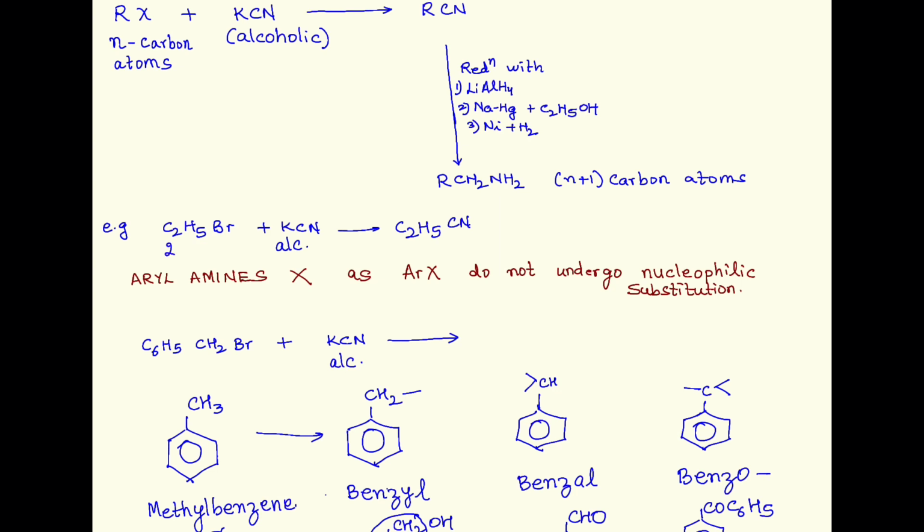I have two carbon atoms over here. Now I have 2 plus 1 carbon atoms over here, and this on reduction with lithium aluminium hydride or sodium amalgam and ethanol will give me C2H5CH2NH2, which is an amine, a primary amine. Hence how will you name it? Propanamine.